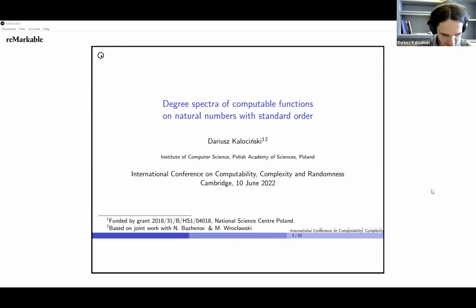This talk will be about my joint work with Bazhenov and Wrocławski. And I'll talk about some recent results in computable structure theory, degree spectra, and about a solution to some problem that was open for a couple of years.